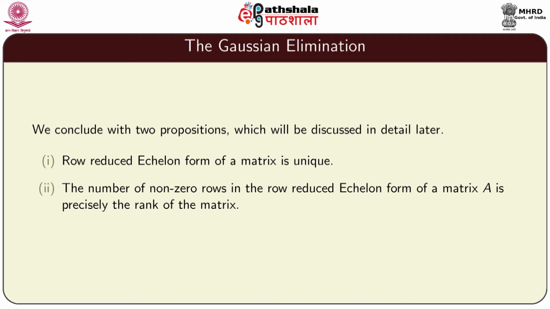And the second one is, if we assume that the row reduced echelon form is indeed unique, then is the number of non-zero rows in the row reduced echelon form somewhat special? Well, that will be precisely the rank of the matrix. So, these are two things that we will prove after we introduce some concepts.